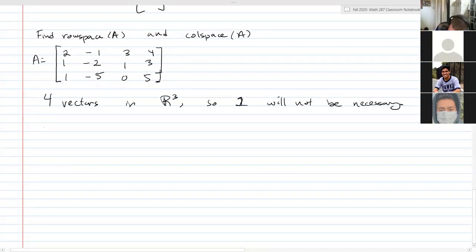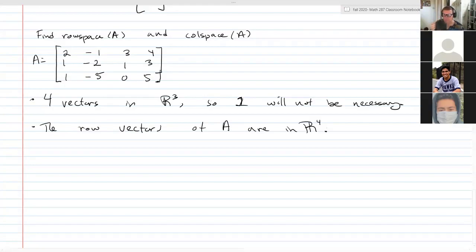Okay. In addition, notice the row vectors of A. The row vectors of A, they're in R4. Interesting. So in this case, unlike the last example that we had, where the column vectors were in R3 and the row vectors were in R3, here the column vectors are in R3 and the row vectors are in R4.